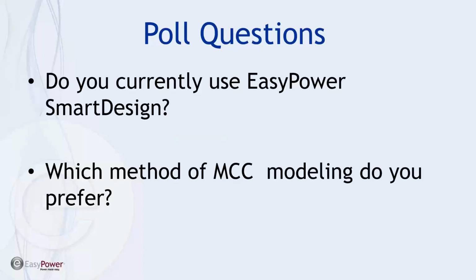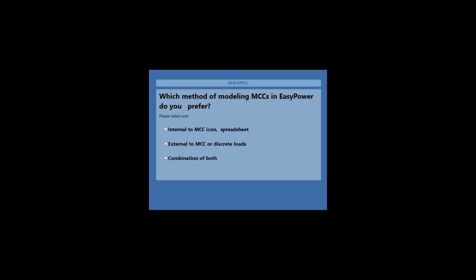Our second question is, which method of modeling motor control centers do you prefer? Basically, do you do a discrete modeling on the one line with individual loads, or do you take advantage of the spreadsheet data entry? There are trade-offs in these two options. One is you do not have individual arc flash labels when you're using the icon to consolidate loads.